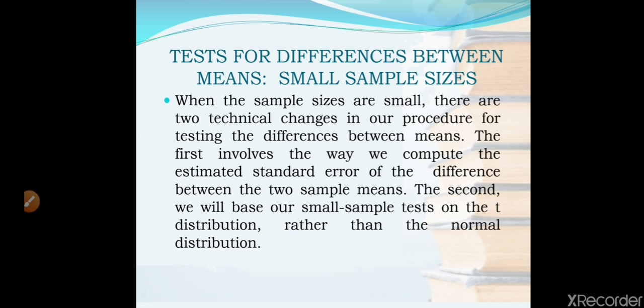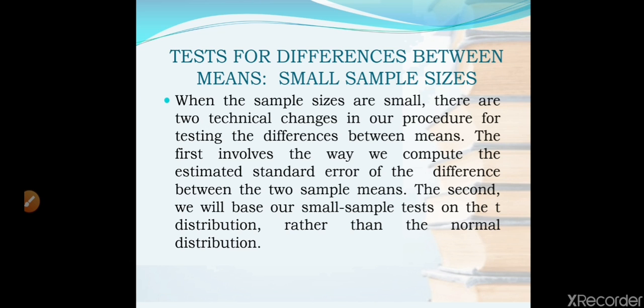Next is test for differences between means for small sample sizes. Small sample sizes is when both the sample sizes are less than 30. So when the sample sizes are small, there are two technical changes in our procedure for testing the differences between the means.